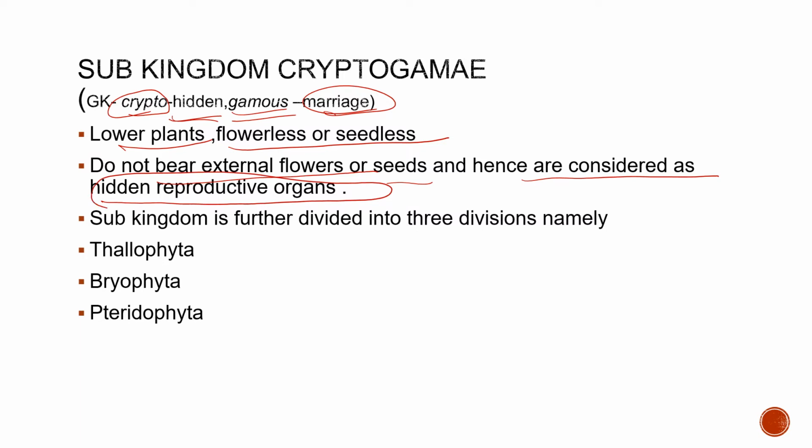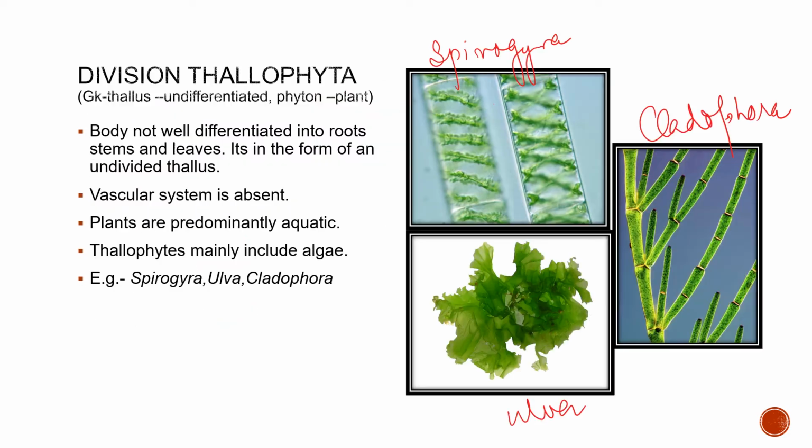Again, they are divided into three divisions, that is Thallophyta, Bryophyta and pteridophyta. If you remember the previous two slides, in the flow diagram I told you about Thallophyta, Bryophyta and pteridophyta. On what basis they are divided, we will discuss in detail in the next slide.